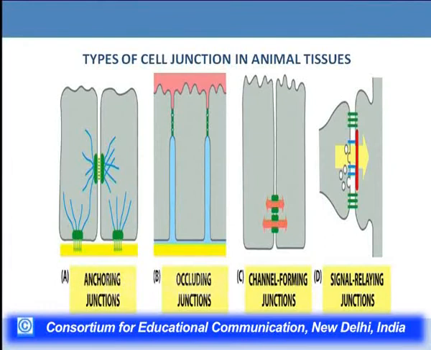That is, no molecule can pass between the space which is present between the two cell types. Then there are junctions which help in communicating, and these are known as channel forming junctions. And there are of course junctions which are involved in passing of signal like synapses.